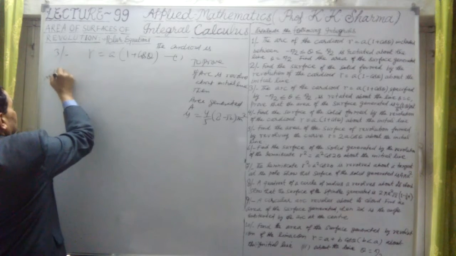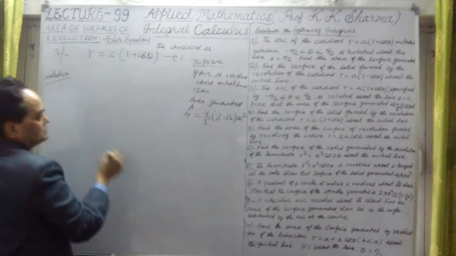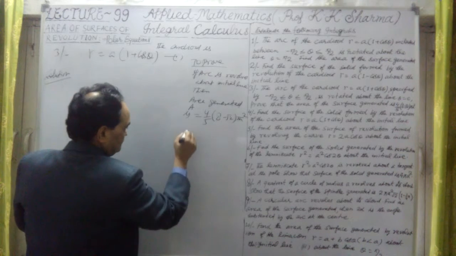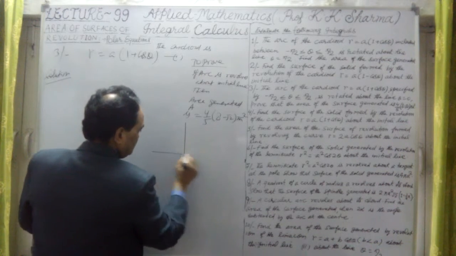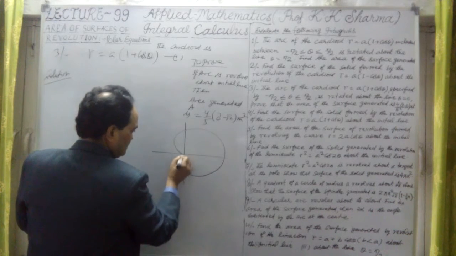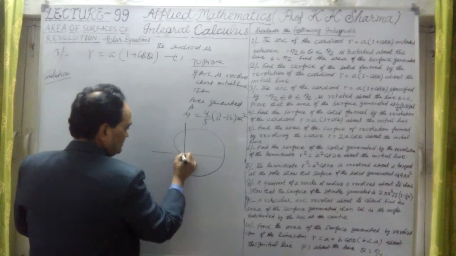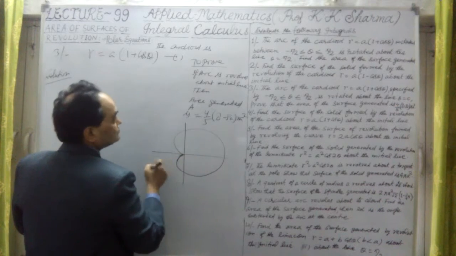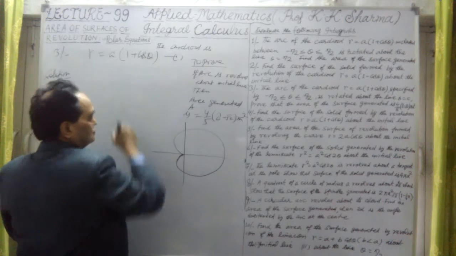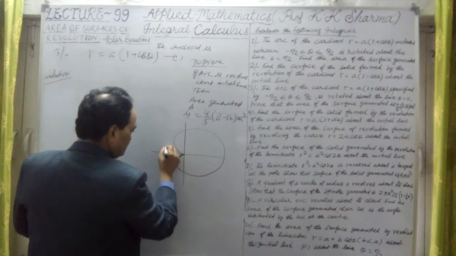Solution. Again, what kind of curve is this? This is a cardioid of the first type. It will be like this, because at pi it will be 0. If I put pi here, cos pi is minus 1, so 1 minus 1 is 0, so r is 0 at theta equal to pi.